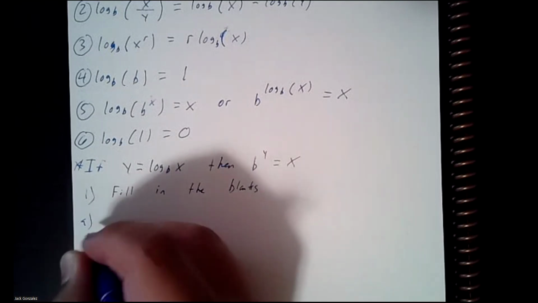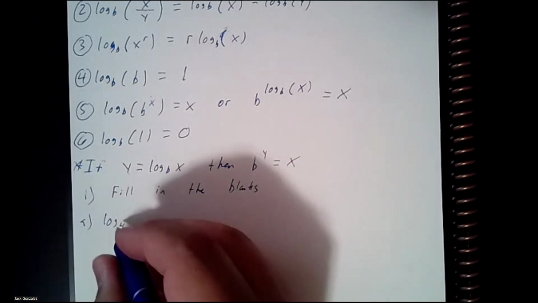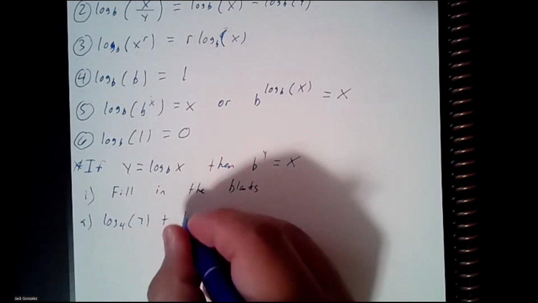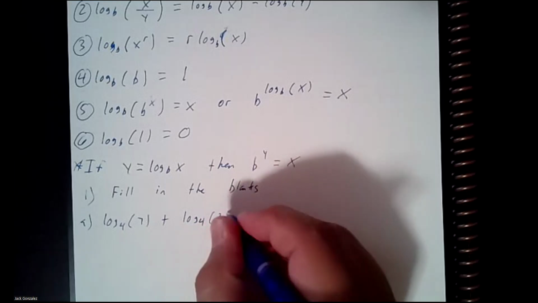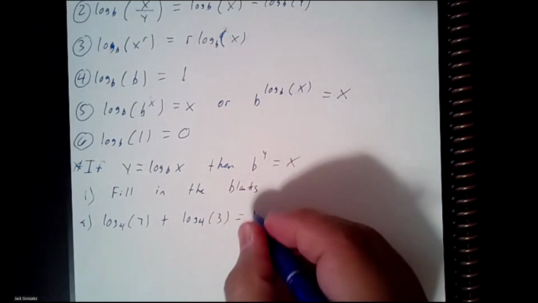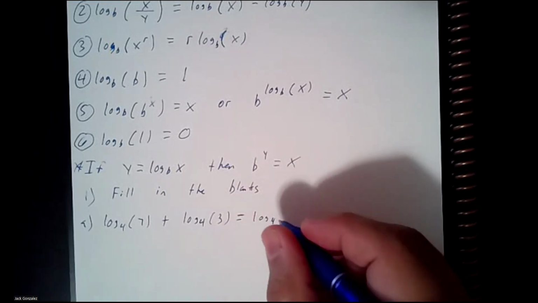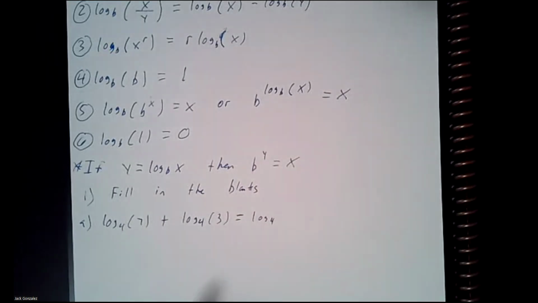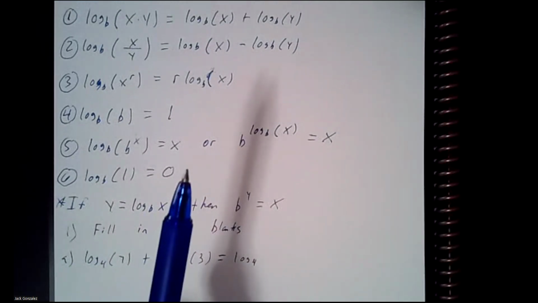Part A, log 4 of 7 plus log 4 of 3 is equal to log 4 of what? All right, so whenever you have a sum of logs, you can use property 1.